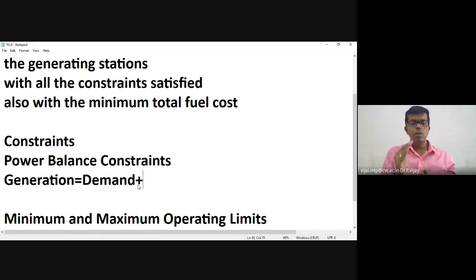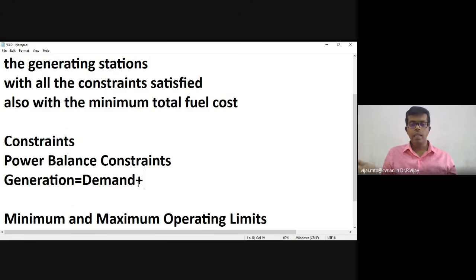Nowadays transmission companies are claiming they have reduced losses. Previously they said 20% transmission losses, after 10 years only 18%, after 5 years only 15%, and now they are claiming 12%, and in some places only 10%. Say for example you are generating 100 megawatt.